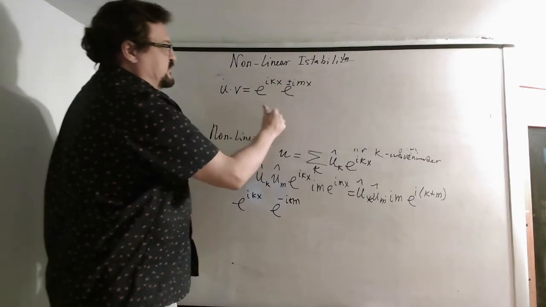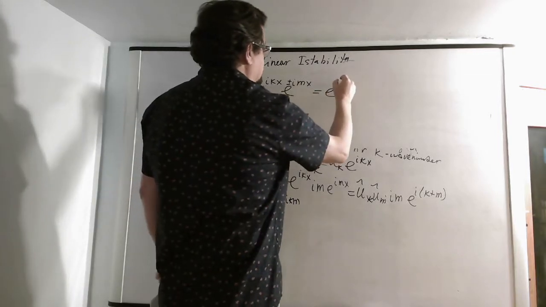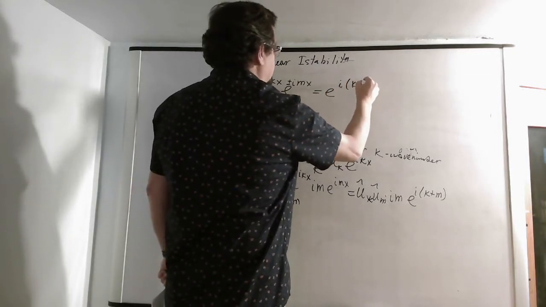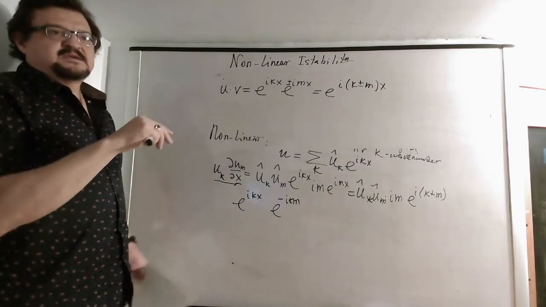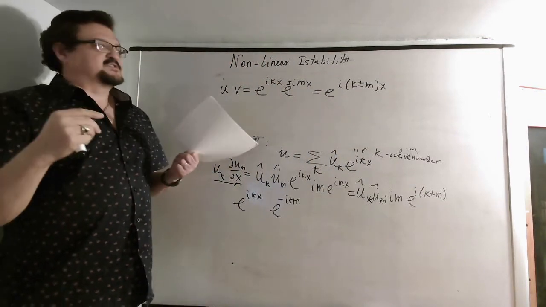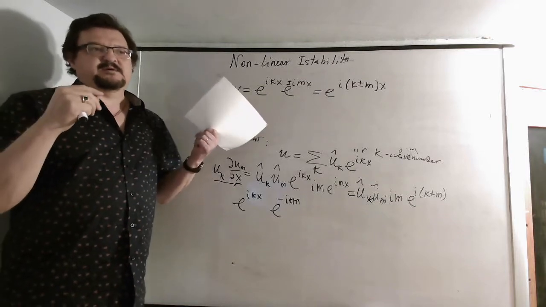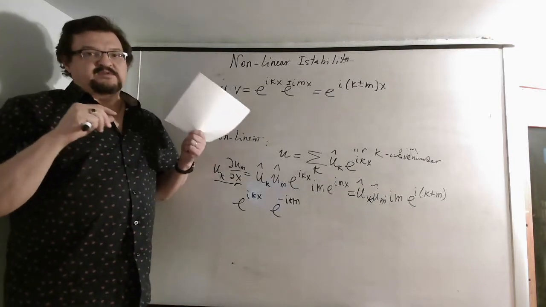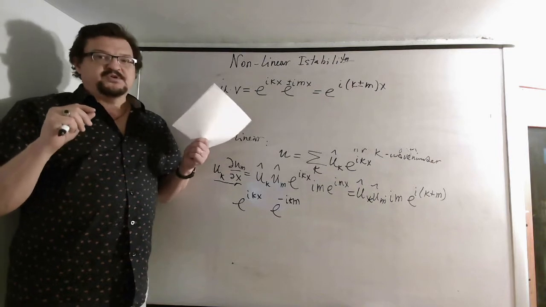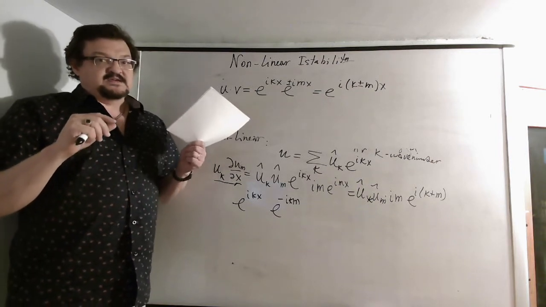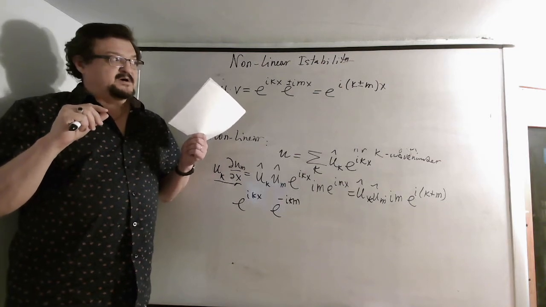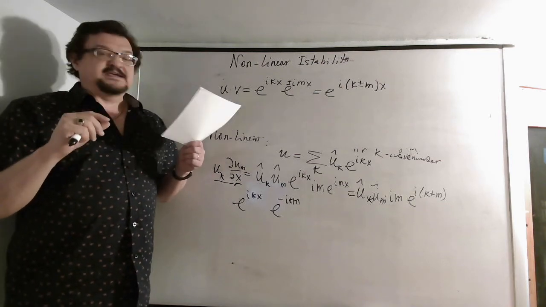So you have two different ways. You get some k plus or minus m waves. So when you have an interaction of two waves with wave number k and wave number m, you can produce nonlinear interaction. You can produce waves with wave number k plus m or k minus m.